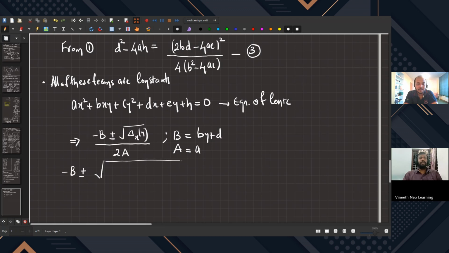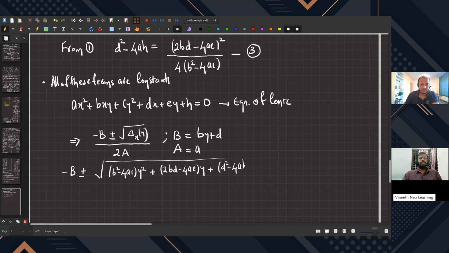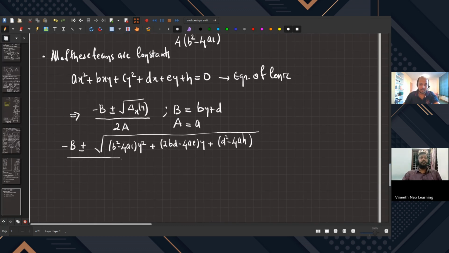It is b squared minus 4ac times y squared plus 2bd minus 4ae times y plus d squared minus 4ah, all raised to 1 over 2, the whole divided by 2a. Just write b as b. This is x actually.